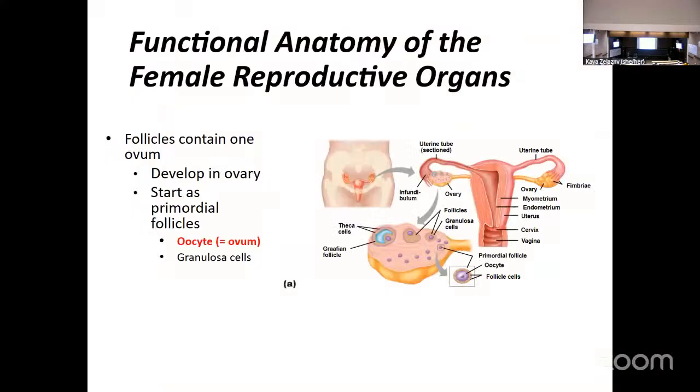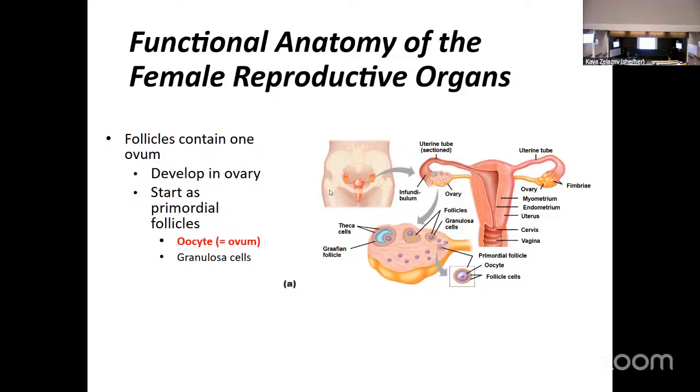Okay. So when we're thinking about what cells and tissues we're looking at, we're going to be looking at the ovary here. So the ovary is going to be analogous, or homologous, to the testes, right? So this is what's going to be producing our gametes, okay?